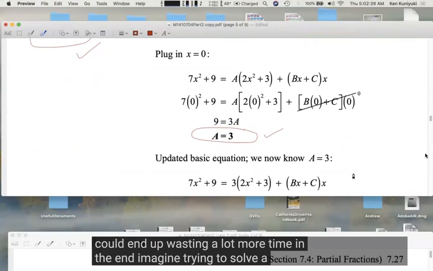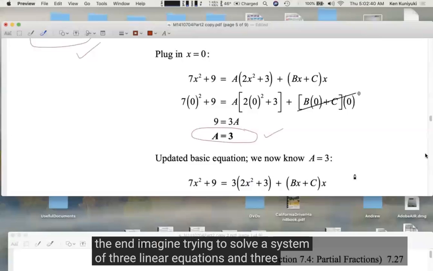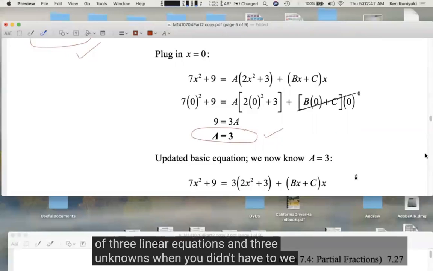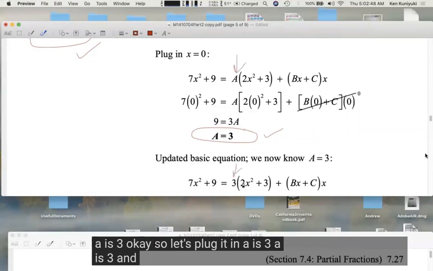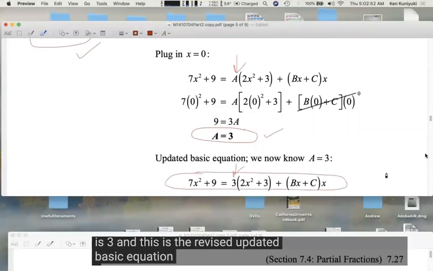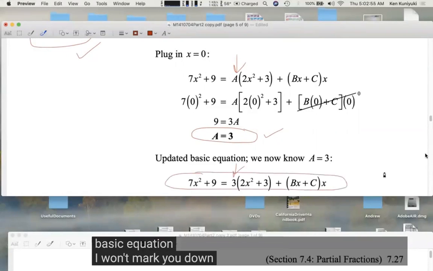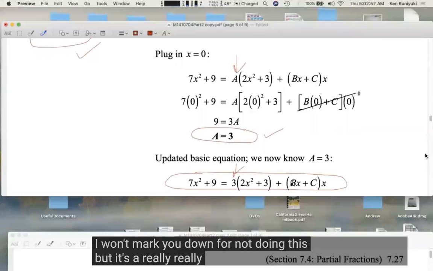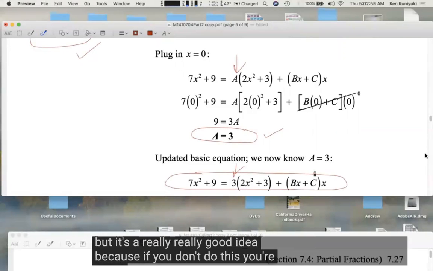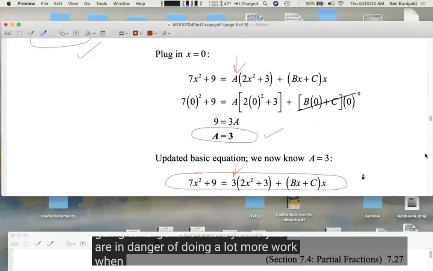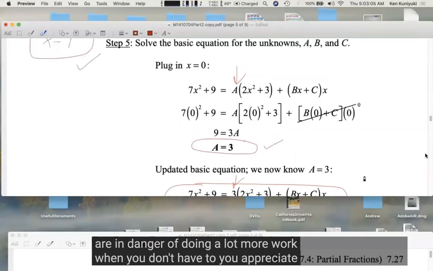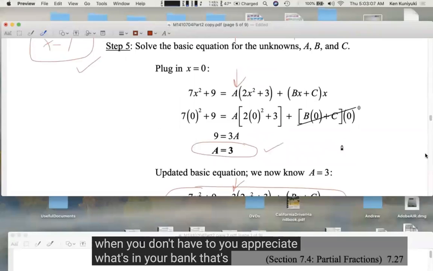Imagine trying to solve a system of 3 linear equations and 3 unknowns when you didn't have to. We know a is 3, okay? So let's plug it in. A is 3. This is the revised, updated basic equation. I won't mark you down for not doing this, but it's a really good idea, because if you don't do this, you're going to forget a is 3, and you are in danger of doing a lot more work when you don't have to. Appreciate what's in your bank. That's always the case.